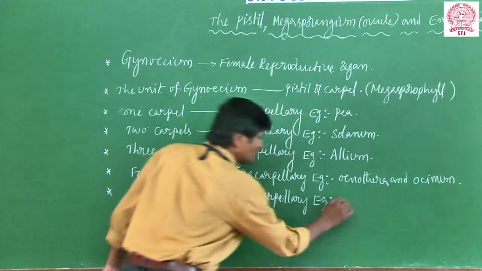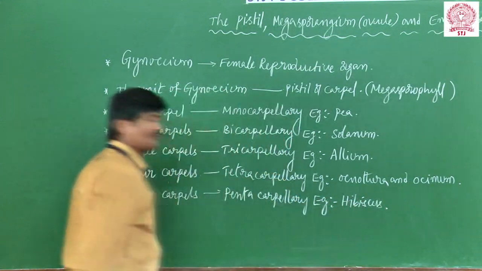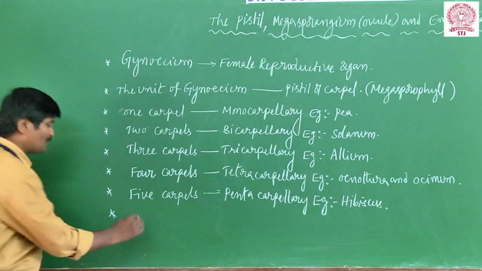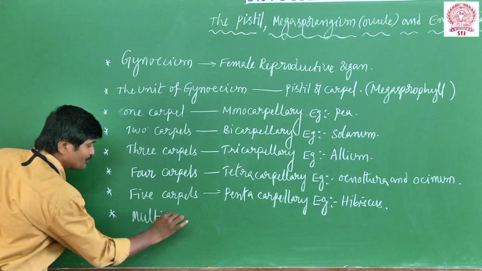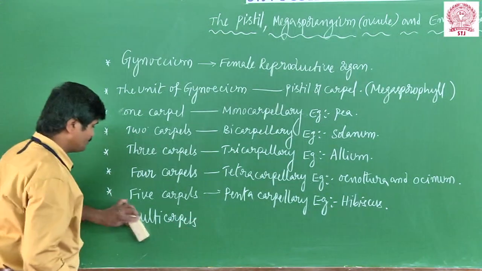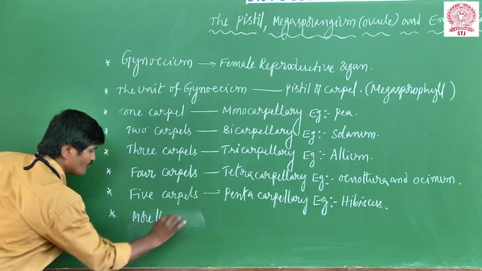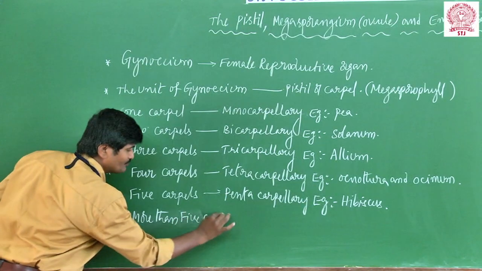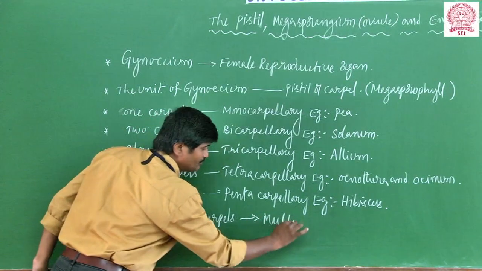Example, hibiscus. Next, more than five carpels, that is known as multicarpellary.